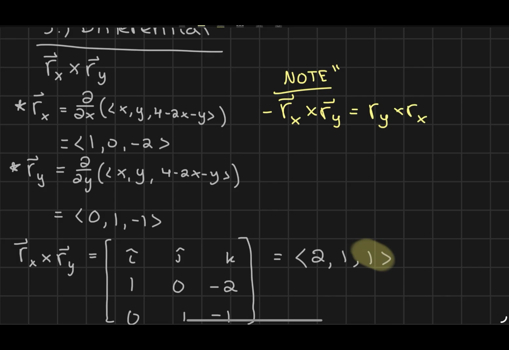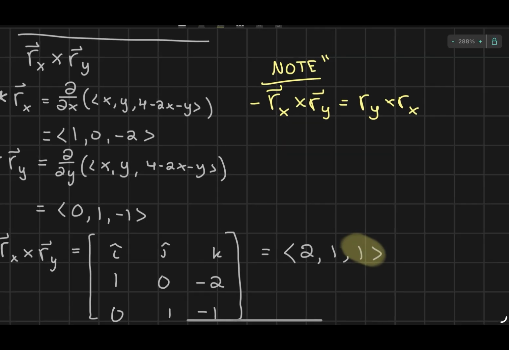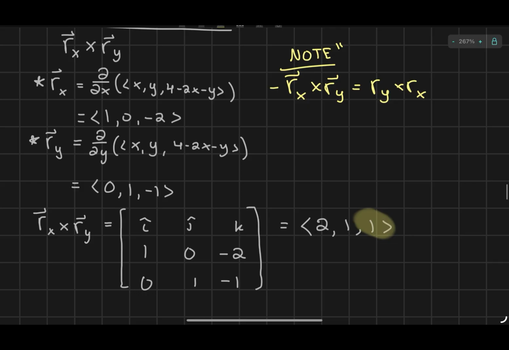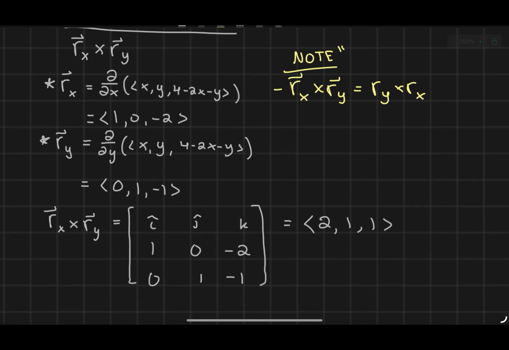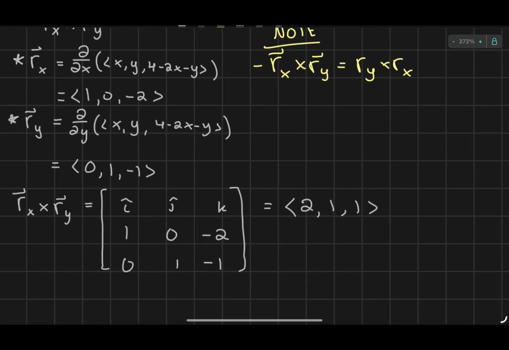So the orientation of your cross product matters whenever we're doing vector surface integrals, especially when it's specifying what kind of flux it wants us to calculate. So when we're doing our differential, we're technically going to be doing r sub y cross r sub x. So our actual differential is going to be r sub y cross r sub x, meaning we're just going to negate the whole thing.